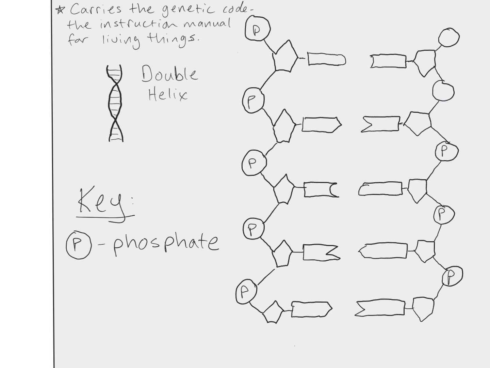There are phosphates on each side. And then if you've got some colored pencils, you can take a minute to color the phosphates. I'm going to use purple. So that is totally up to you. If you don't decide to color them, you can skip this part.